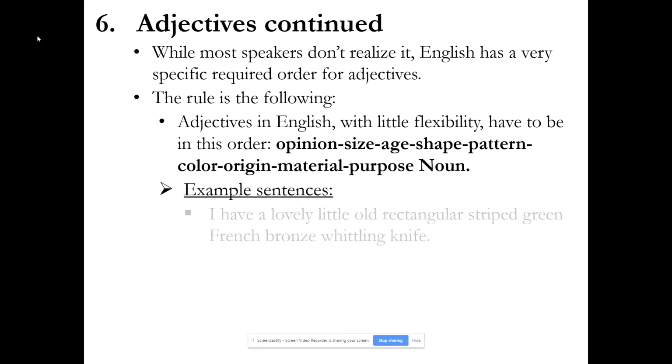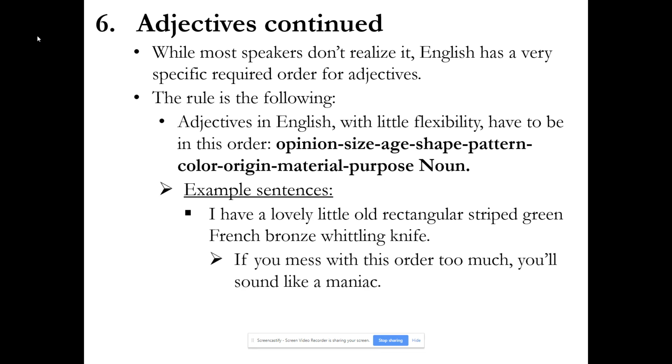So, example: I have a lovely little old rectangular striped green French bronze whittling knife. That might sound a little funny just because it is a long expression that you wouldn't hear someone say in authentic conversation, but that is correct, right? That's how you have to put the order. But if you mess with the order, you will sound like a maniac, right?